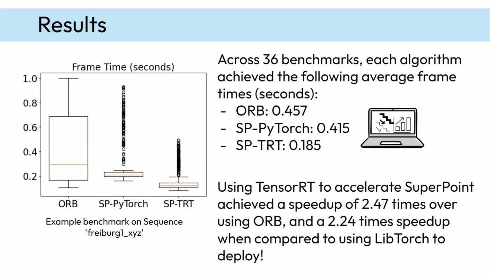SuperPoint using PyTorch showed only a small performance advantage compared to ORB, but with TensorRT, the difference is increased significantly due to TensorRT's internal optimization, use of floating point 16, and improved memory transfers. Thus, it can be concluded that TensorRT can be used to accelerate deep learning models such that they can surpass even traditional feature extractors in terms of speed.